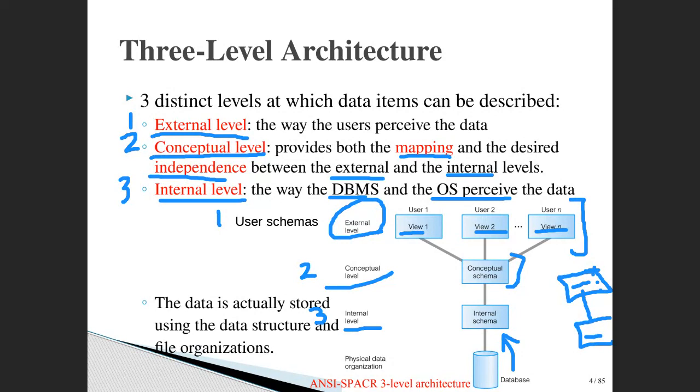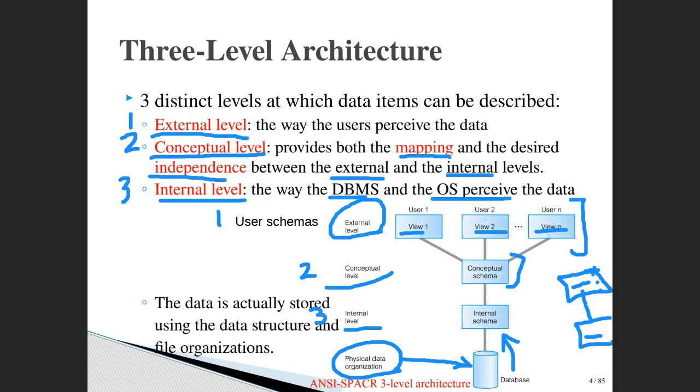So under the internal schema, there will be a physical representation of the data in the database system. Okay, so this is how we can describe the three-level architecture. So got the point?